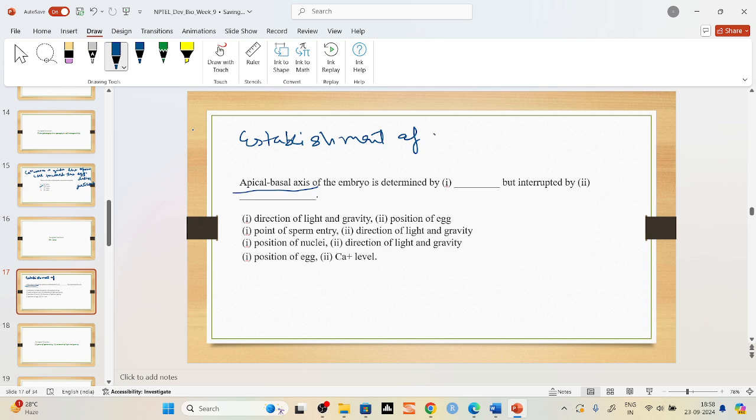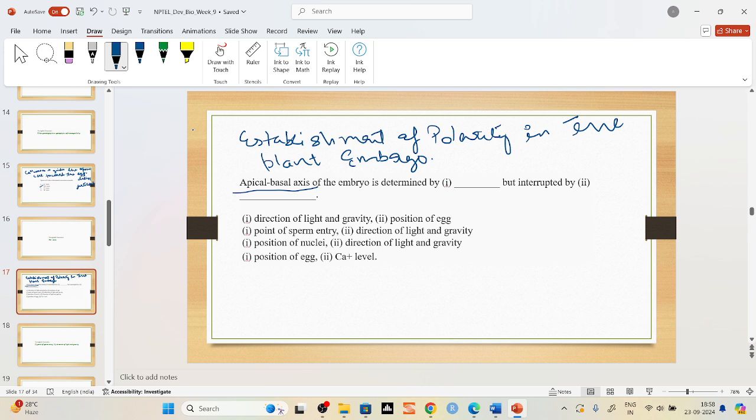The point of sperm entry, which is fertilization, helps in determining the initial orientation of the apical basal axis.